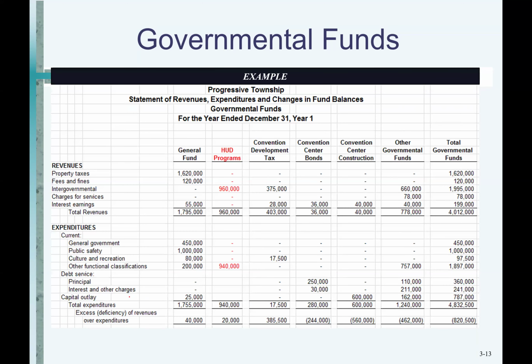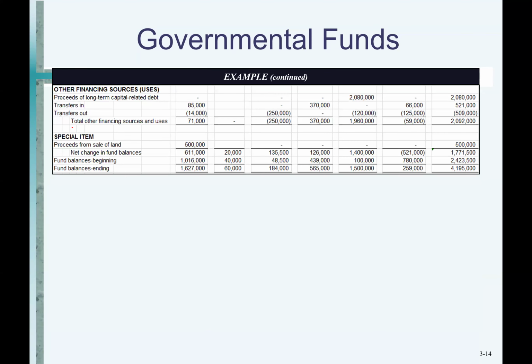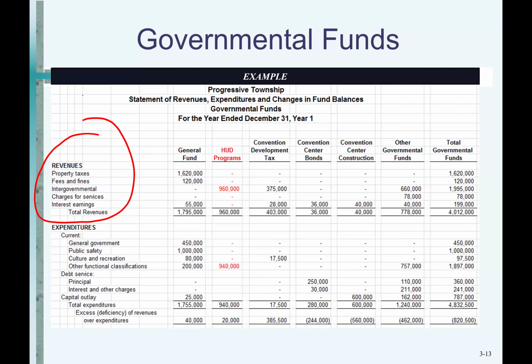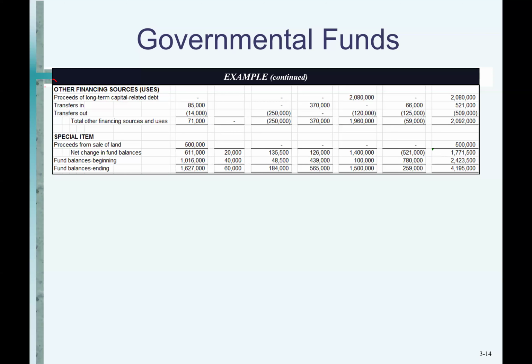And where we're going to be focusing our time tonight for modified accrual for the governmental funds is the accounting for revenues minus expenditures, right? That gives us the difference, excess of revenue over expenditures, et cetera. And then remember, we had our non-operating section, which we don't call non-operating, but it's primarily other financing sources and uses.